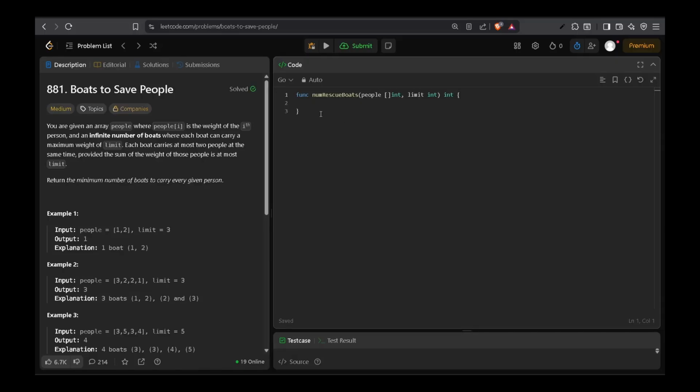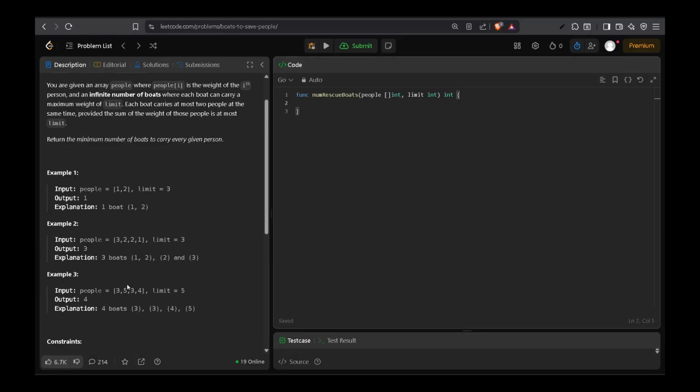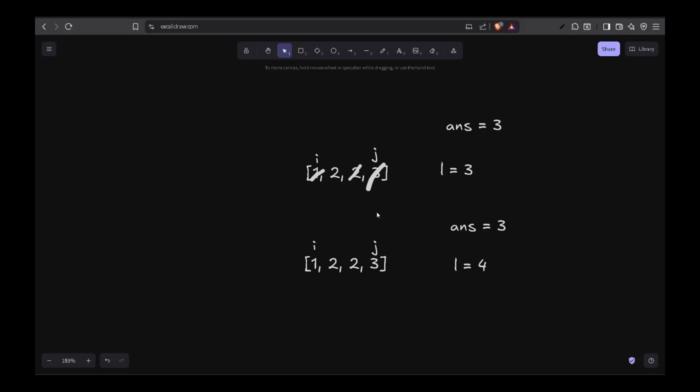So this is the function, right? Now one more thing, if you see this input, it is 3221, but what I used was 1223, right? 1223. Why? Because as I said, our logic depends on pairing the lightest person with the heaviest person, right?